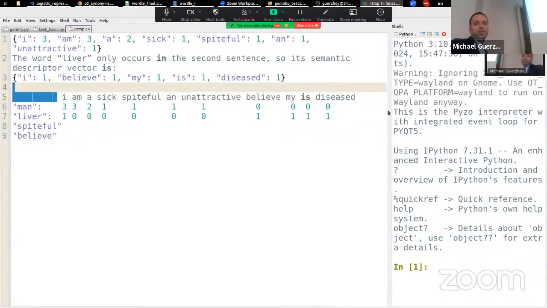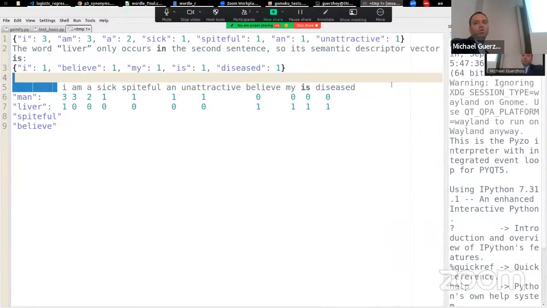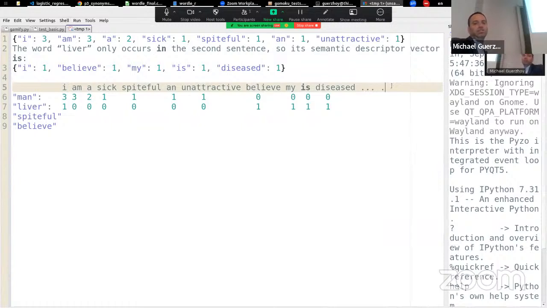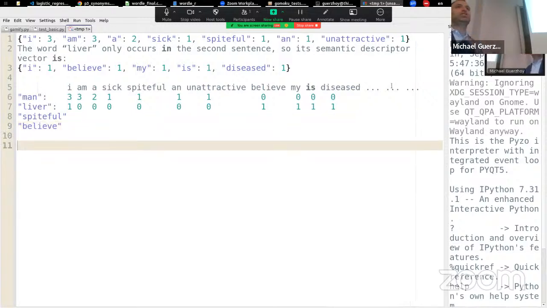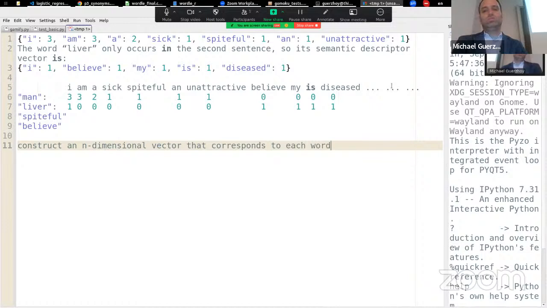So here, this is going to be a little bit longer, right? So there's more different words in even this passage, and certainly more words in the novel as a whole, right? But what you can do is construct an n-dimensional vector that corresponds to each word in the corpus.